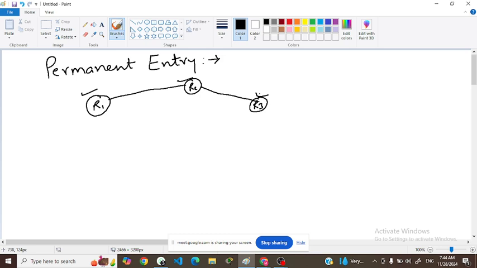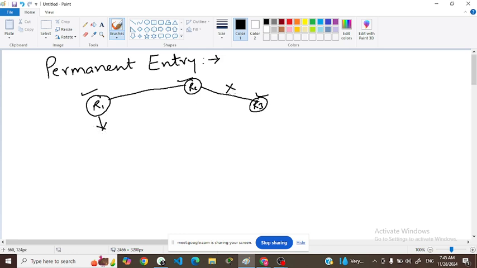Okay? So let's suppose this link goes down. Then we can directly save the permanent entry of static routing in this R1 routing table.